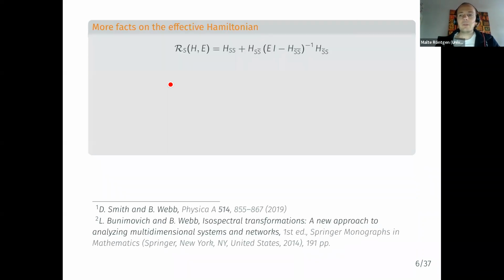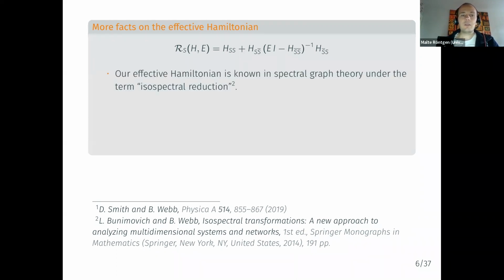Now, before I continue, let me give you some more facts on this effective Hamiltonian written here again for convenience. As it turns out, this effective Hamiltonian is also known in spectral graph theory, where it goes under the name of isospectral reduction. Now, if you wonder why they call it isospectral, the answer is as follows.